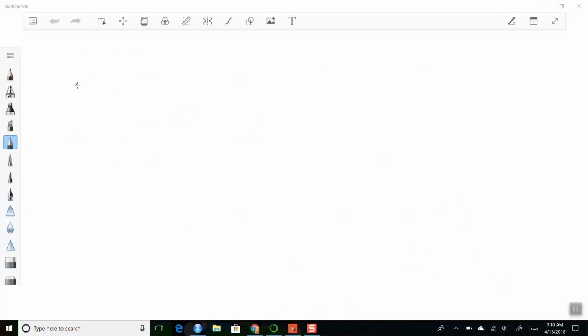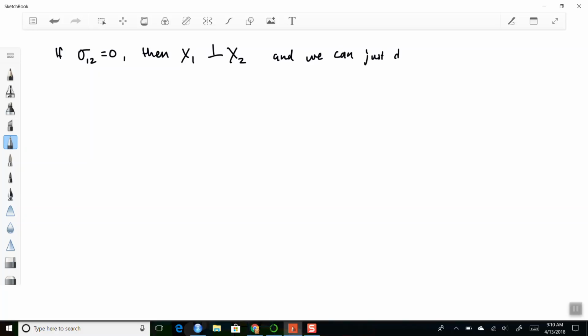So if sigma 1,2 equals 0, then x1 is independent of x2, and we can just do x1 comes from normal with mean mu1 and sigma 1 squared, and x2 comes from normal with mean mu2 and sigma 2 squared.